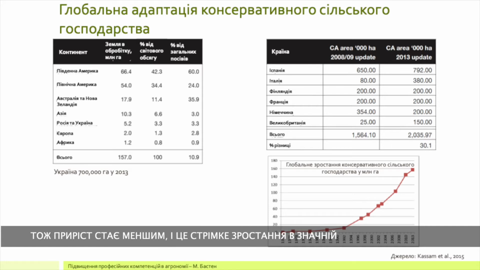So the increase becomes smaller. And this steep increase is very much driven by the change we have observed in the Americas, and partly also in Australia, New Zealand. So it doesn't come from, let's say, the increase in acreage in Europe.